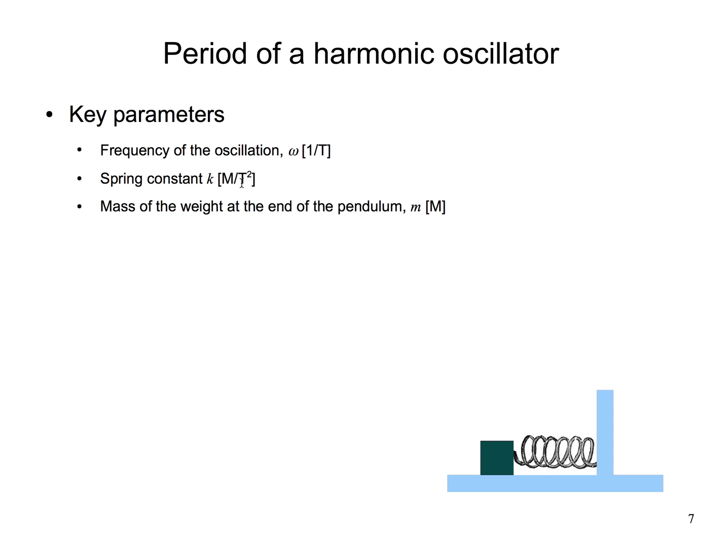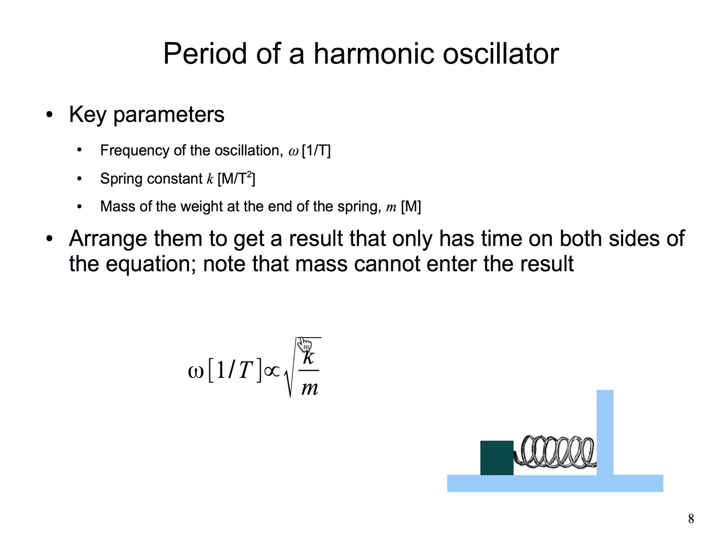Spring constant has units of mass over time squared. And the mass of the weight is m. And so the question is, how can you configure the spring constant and the mass, so that we estimate the frequency and come out with something very similar to the pendulum? This time the mass is involved. So you see the spring constant and the mass have to go into the calculation, so we get time squared.